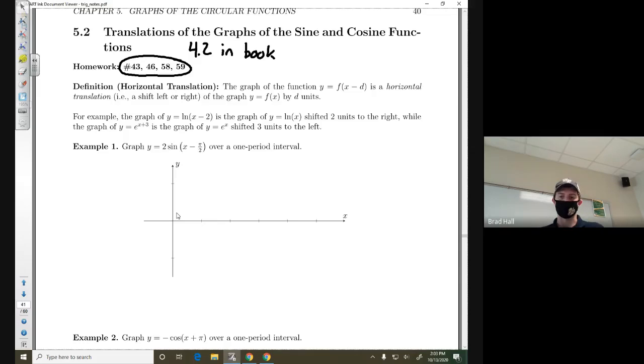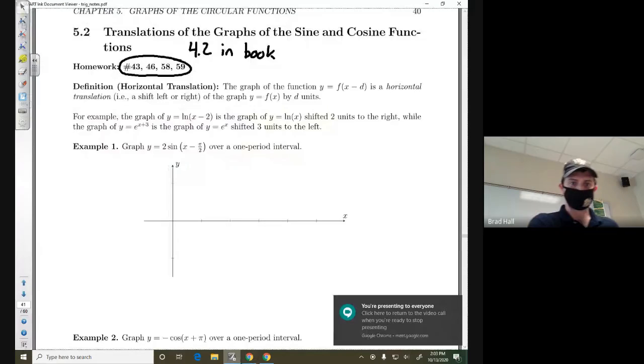We talked about what happens when you multiply a number in a certain position, how it changes the amplitude or the period, and how it affects the interval values. All of that is still going to be prevalent in this section, but we are also going to introduce shifting a graph left or right, or up and down.